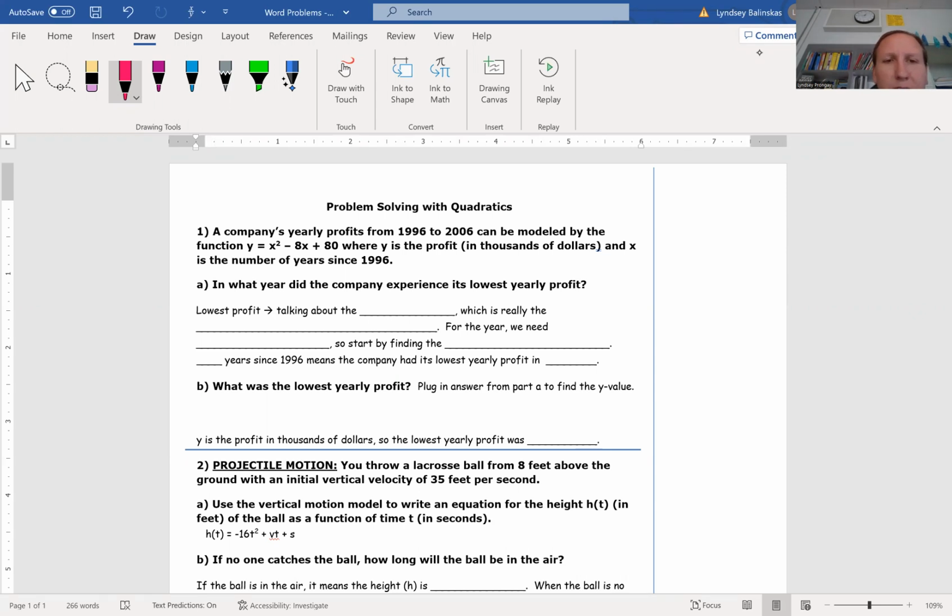So you have to remember this equation, x squared minus 8x plus 80, because of the positive a value out here, we know it would look something like that. Okay. And if it's talking about the lowest yearly profit, that must be referring to that point right there. So the lowest profit is really talking about the minimum of this parabola.